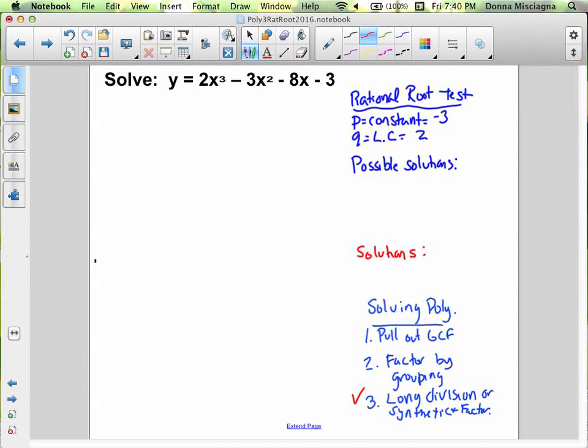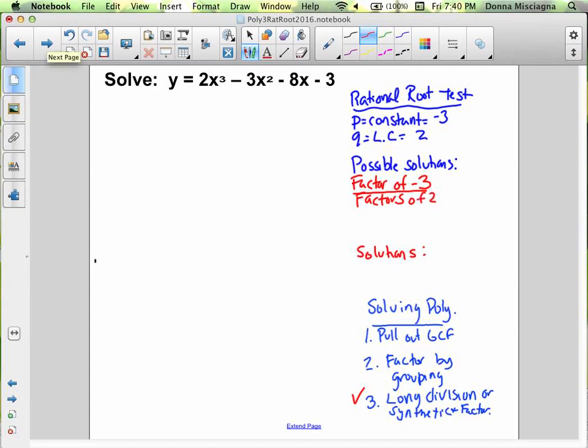All right, so the rational root test. Our constant is -3, the leading coefficient is 2, so for our possible solutions, neither one of these has a whole lot of factors. We're going to take all the factors of -3, and really, it doesn't matter whether it's negative or positive, we still have the same factors, divided by all the factors of 2.